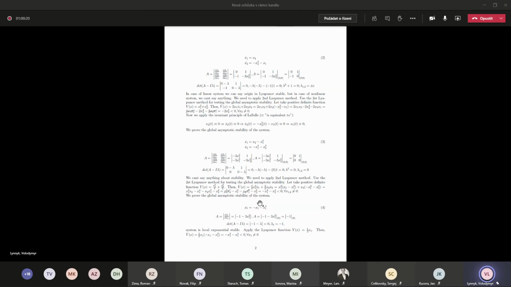But we can't say anything about the global behavior of this system when it has plus x1 squared or cubed.